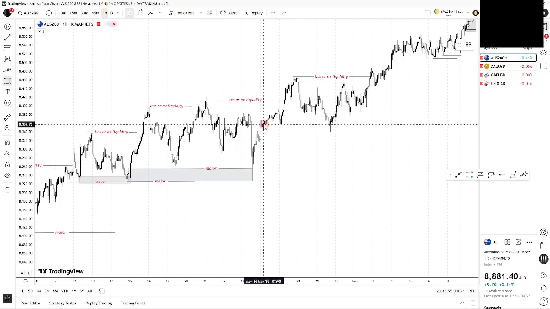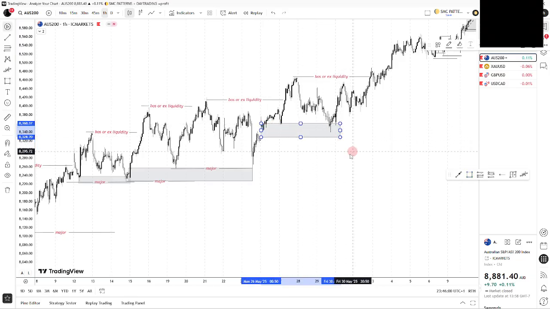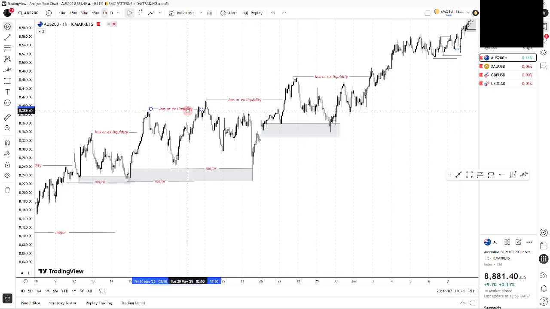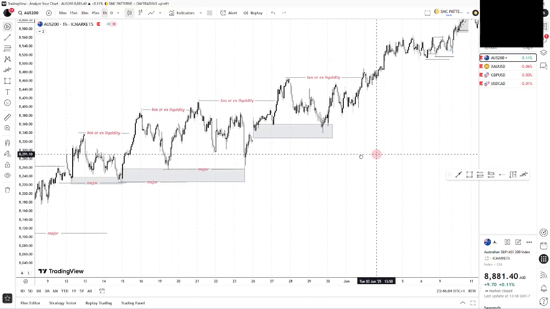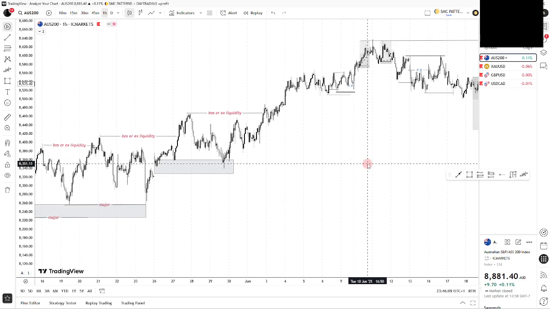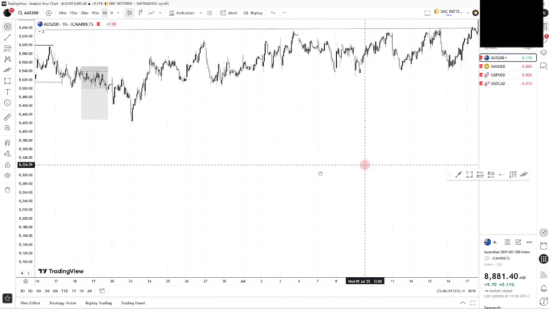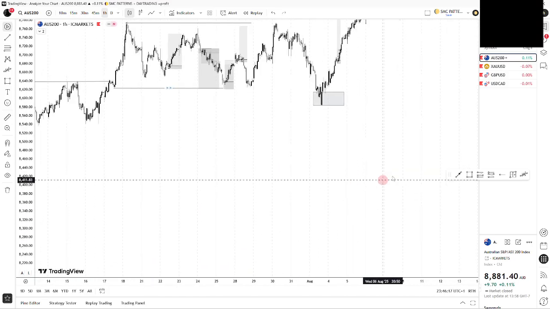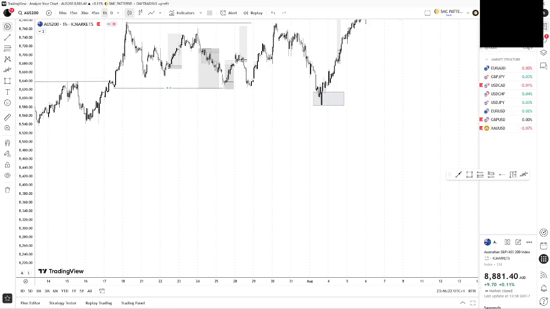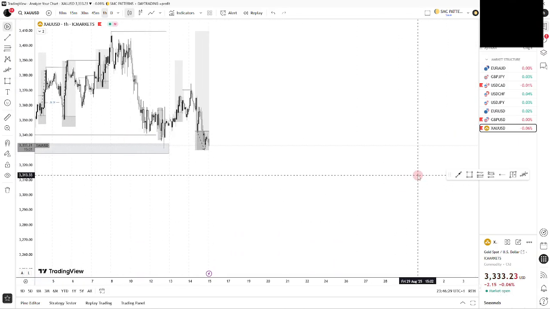Soon again you ask me, how do I know where I'll buy? Don't worry, we are going to go through all that. I just want you to follow the whole story I'm trying to share. Now the next question is, how does the change of character play out? How would you know a change of character? That's a simple question, or that's a lovely question.